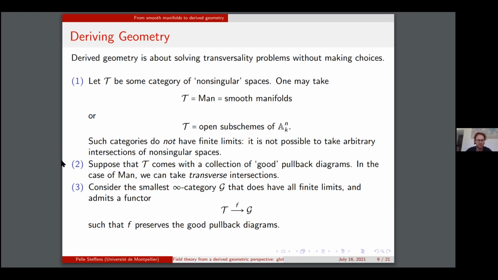I've said it here very sketchily, but this procedure is well defined. G has a universal property in a certain full subcategory of the infinity 2 category of infinity categories.